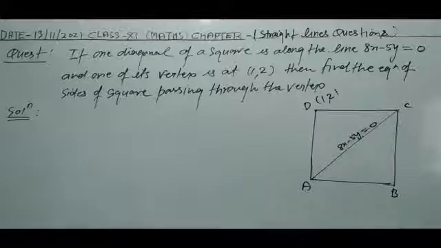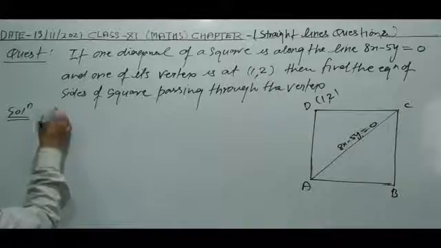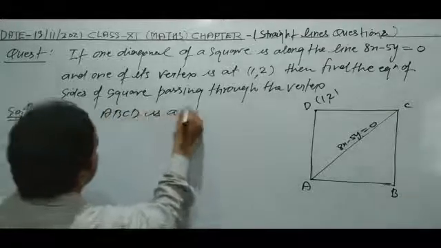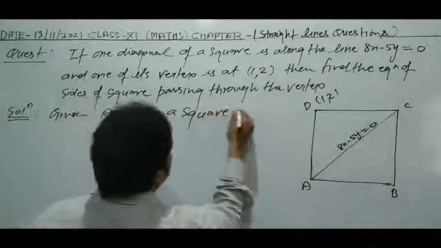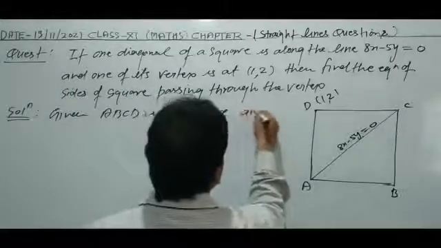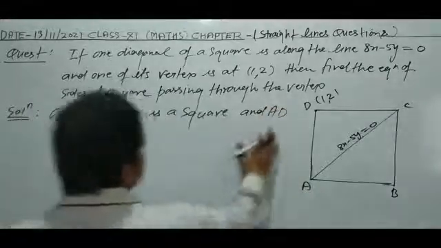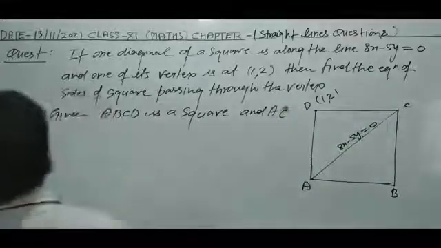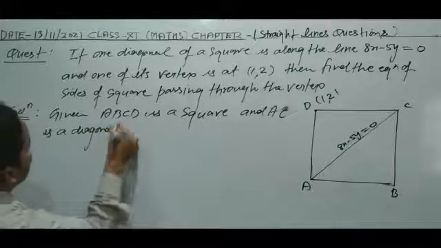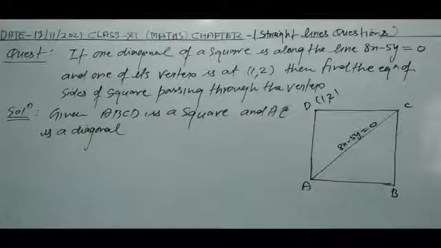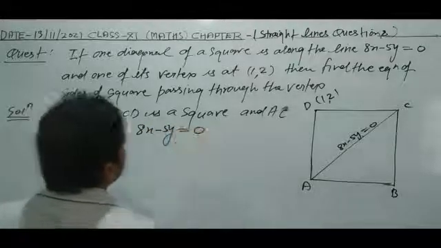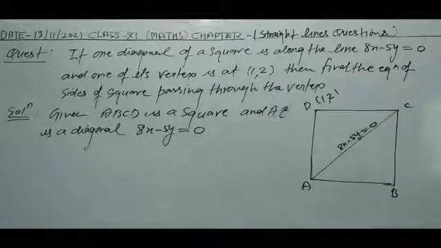So given ABCD स्क्वायर, ध्यान से देखते रहना, and AC is a diagonal whose equation is 8x minus 5y is equal to 0.